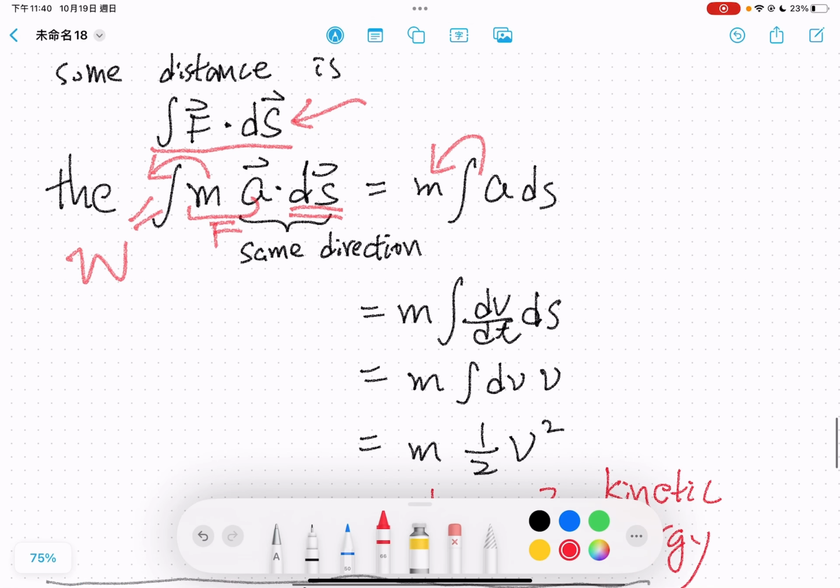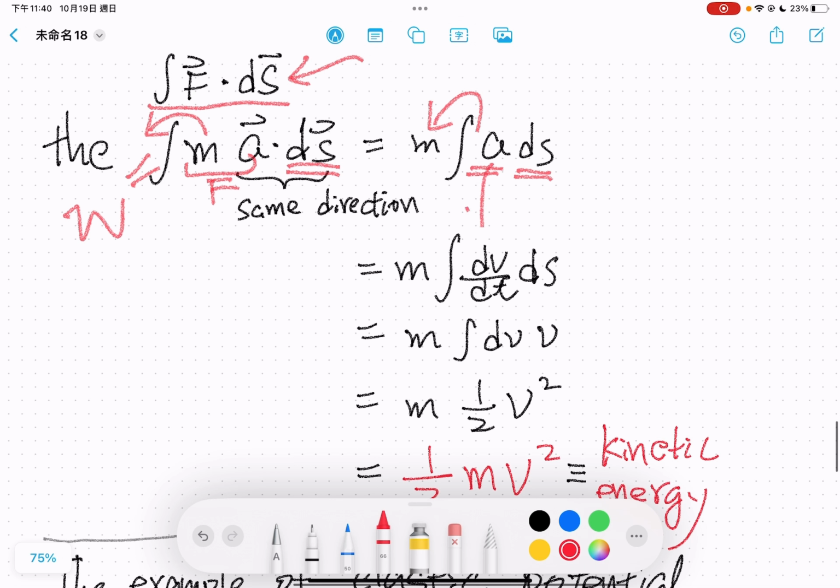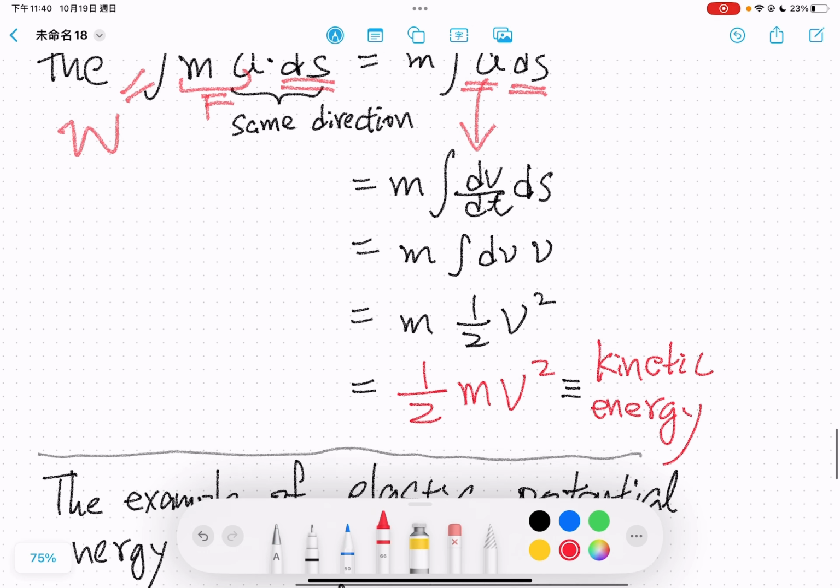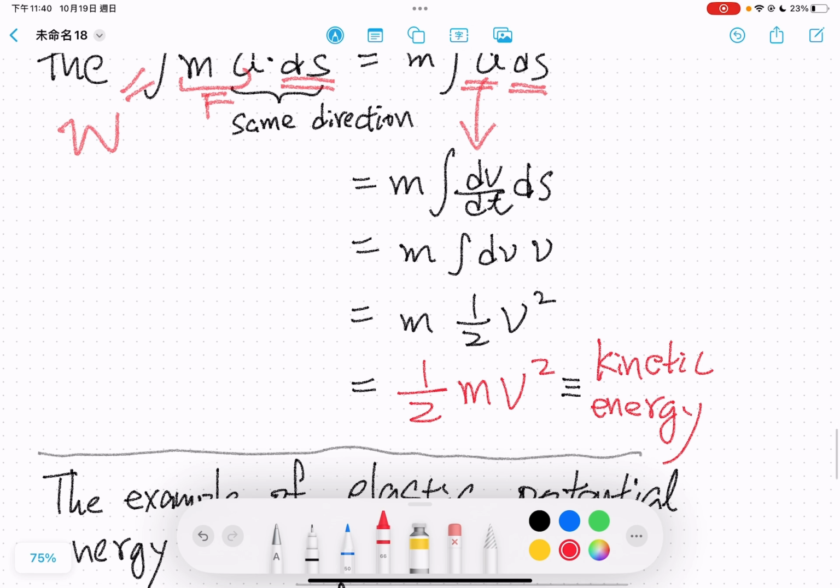Then we get the acceleration with the displacement. And the acceleration is related to the velocity, so we write it down as dv/dt, and dx/dt is the velocity.